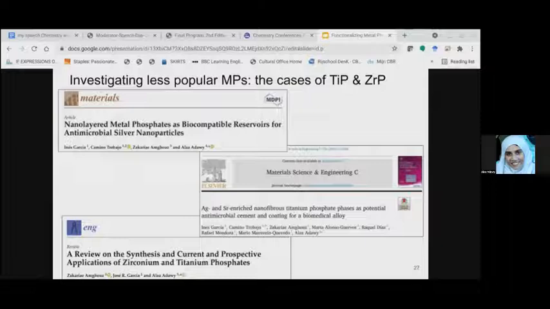So I'm going to show you my investigations using titanium phosphate and zirconium phosphate in two different morphologies, the nanolayered and the nanofibrous morphologies, and we'll see the differences between them both.